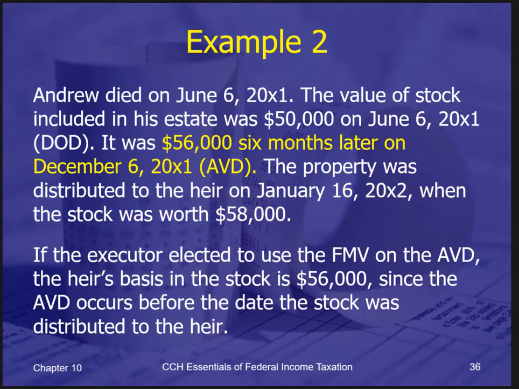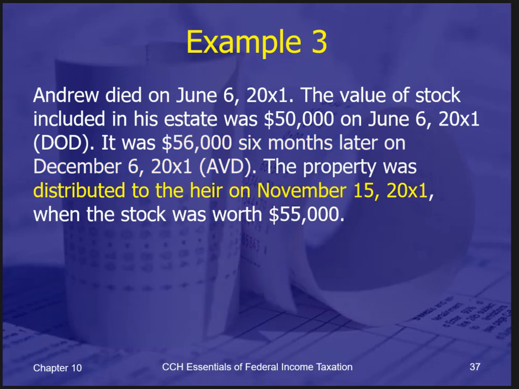Okay, and this is all up to the executor, of course. The person who died doesn't care one iota about it, so the executor gets to choose that and has to do so with all assets. He can't pick and choose, just for your information.